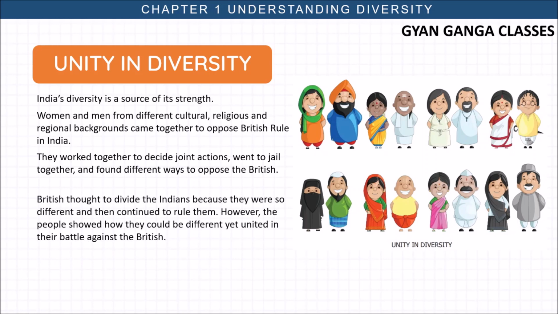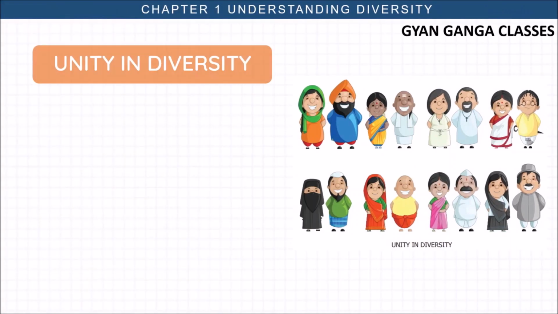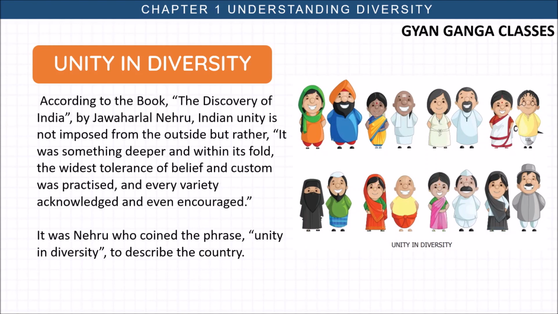The British thought to divide the Indians because they were so different, and they continued to rule them. However, the people showed how they could be different yet united in the battle against the British. It is the best example to show unity in diversity. According to the book Discovery of India, written by our first Prime Minister Pandit Jawaharlal Nehru, India's unity is not imposed from the outside, but rather it is something deeper, in which the fullest tolerance of belief and custom was practiced, and every variety acknowledged and even encouraged.